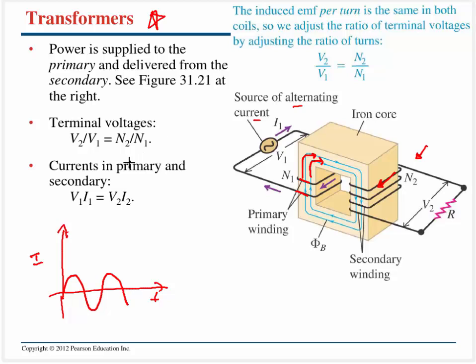Now, it turns out that the voltages are going to be related to the number of coils. So a very important set of equations to keep in mind is we're going to have essentially some primary, our input, and then we're going to have our output. We're going to be putting in some primary voltage. It's going to have some number of coils.